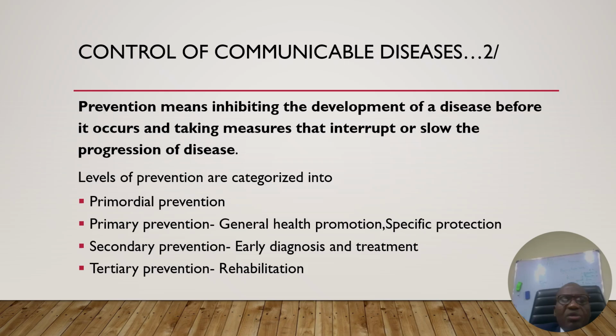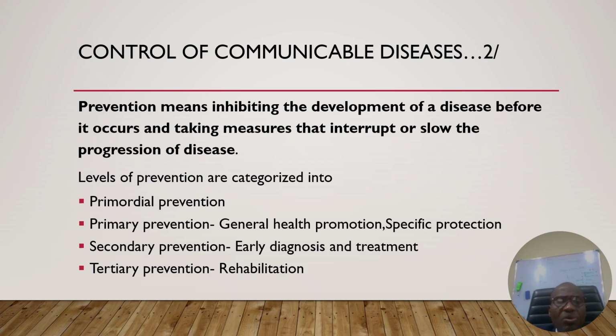Well, we have said that communicable diseases, we need to prevent them. Prevention means inhibiting the development of the disease before it occurs and taking measures that interrupt or slow the progression of the disease. Levels of disease prevention can be categorized into primary prevention, which includes general health promotion and specific protection; secondary prevention, which includes early diagnosis and treatment; and tertiary prevention, which is rehabilitation and limitation of disability.